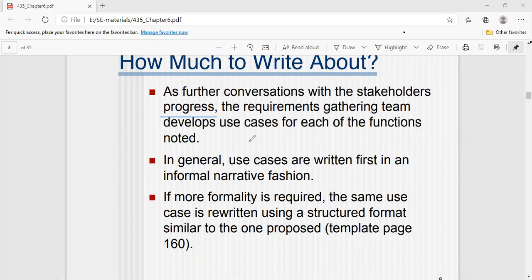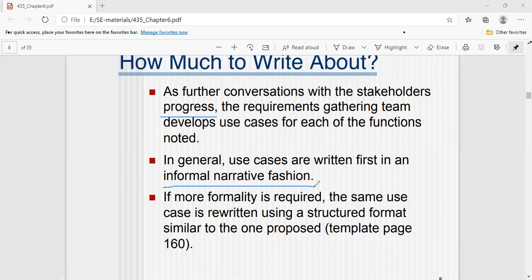Clear? That is about the first point. Coming to the second point, in general, use cases are written first in an informal narrative fashion. First of all, you should develop your use cases in an informal way, not in a formal way.